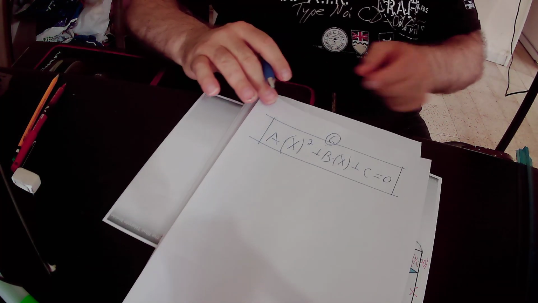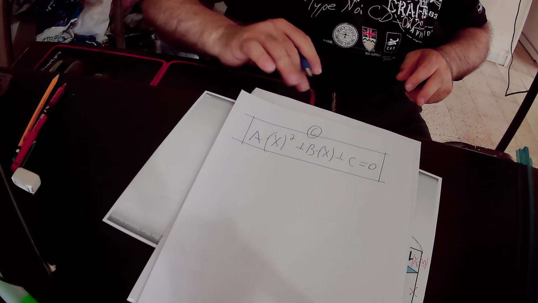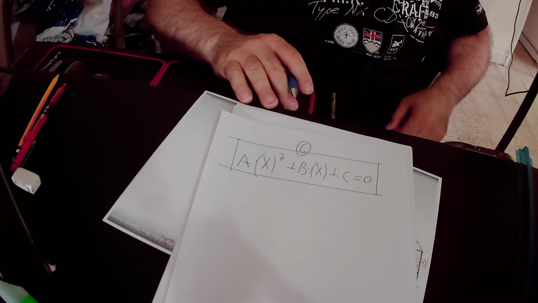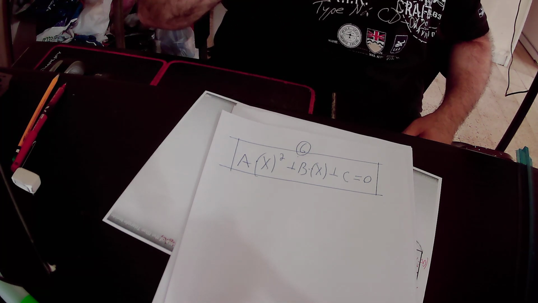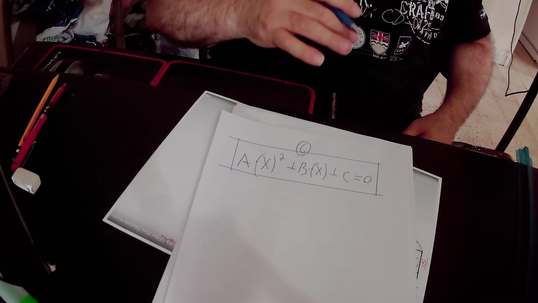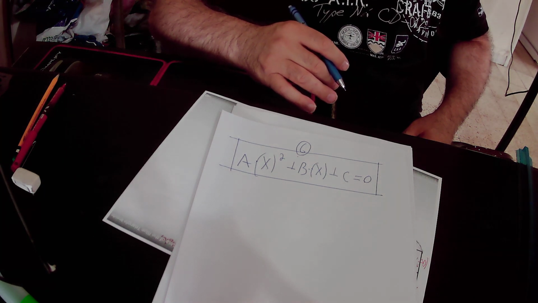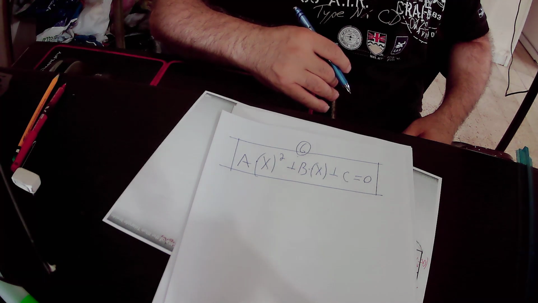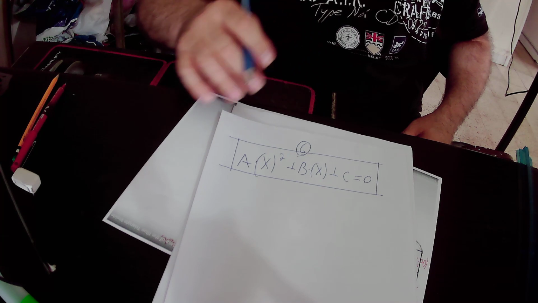So this is the general formula of a quadratic equation. Below I will write our specific quadratic equation, and then we will find the value of a, b, c and x.